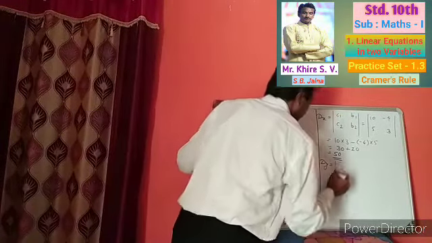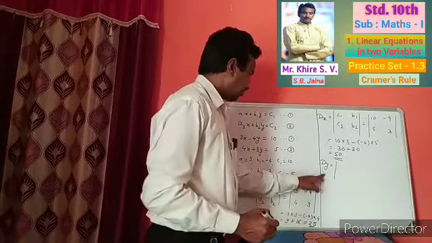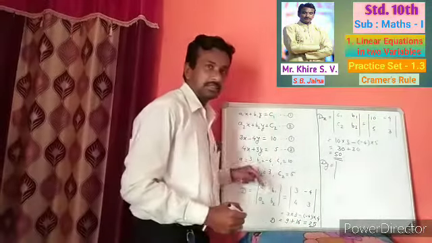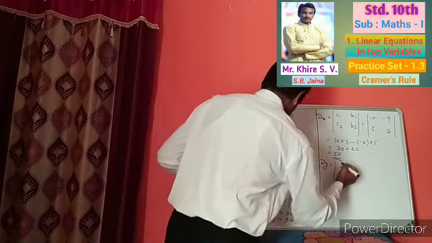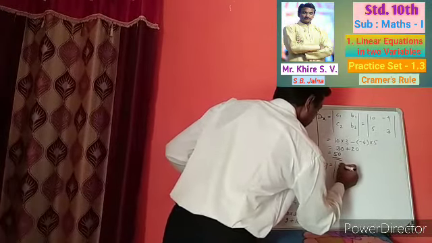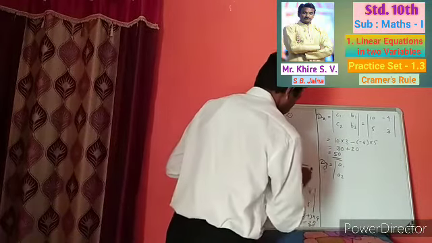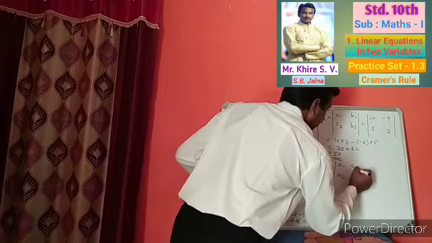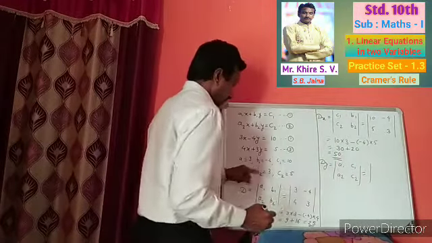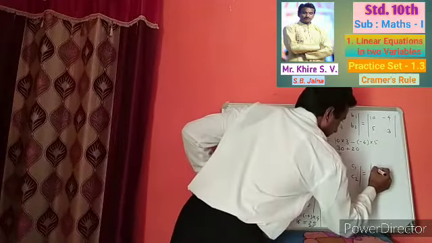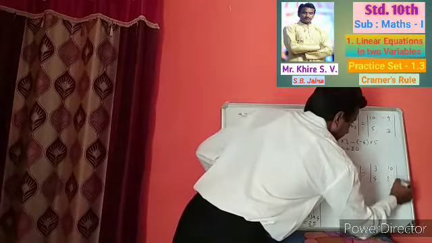Now find the value of dy. At the time of dy, the coefficients of y are replaced by c1 and c2. a1 and a2 as they are, and b1 and b2 are replaced by c1 and c2. a1 and a2 are 3 and 4, c1 and c2 are 10 and minus 5.